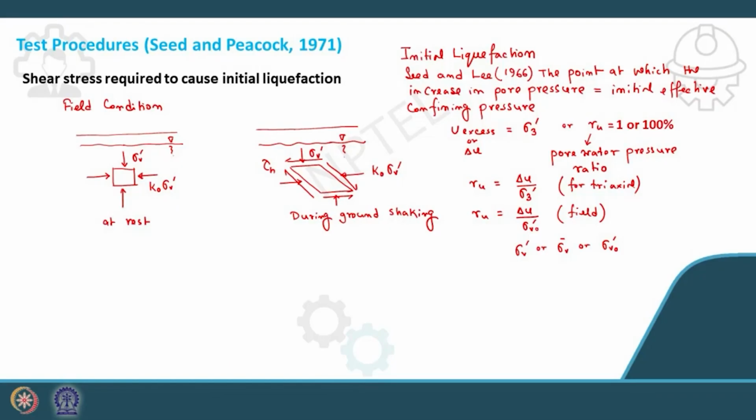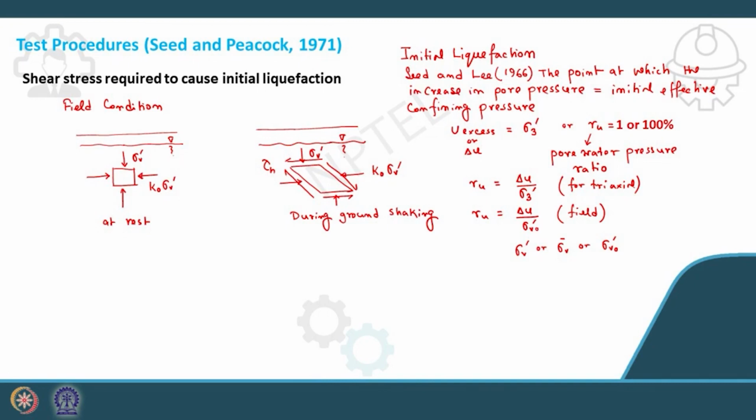Now this sigma 3 dash or sigma V dash is the stress under which the soil is consolidated during the consolidation stage. Clear? So that's why sometimes it is written as sigma 3C dash, where C means consolidation.